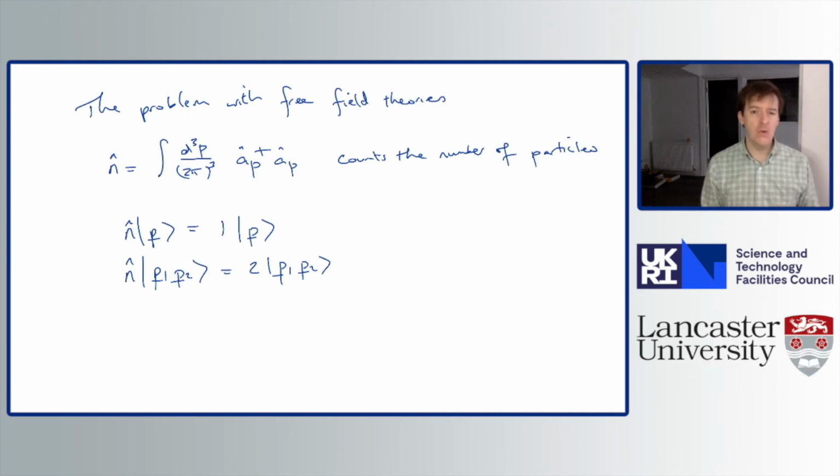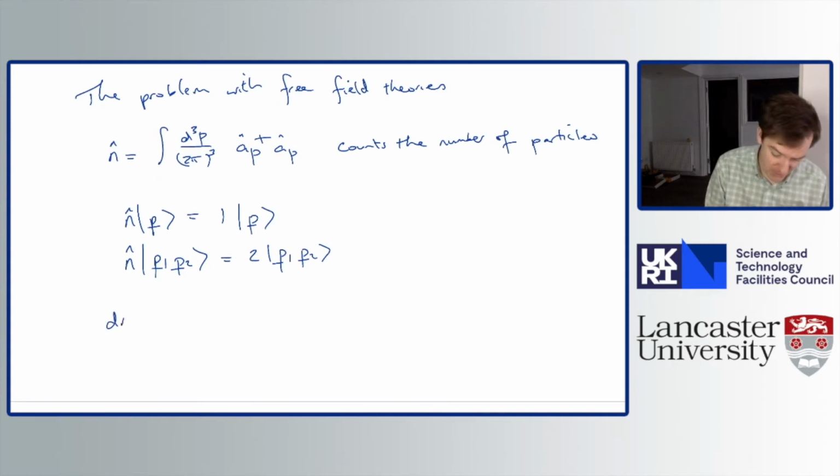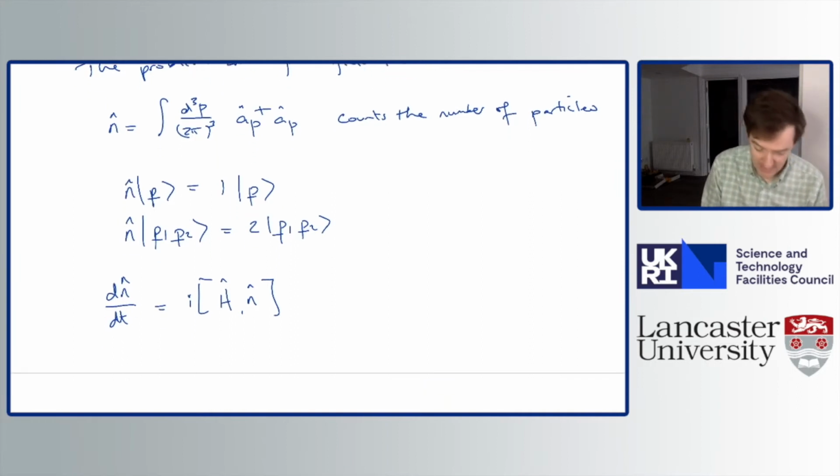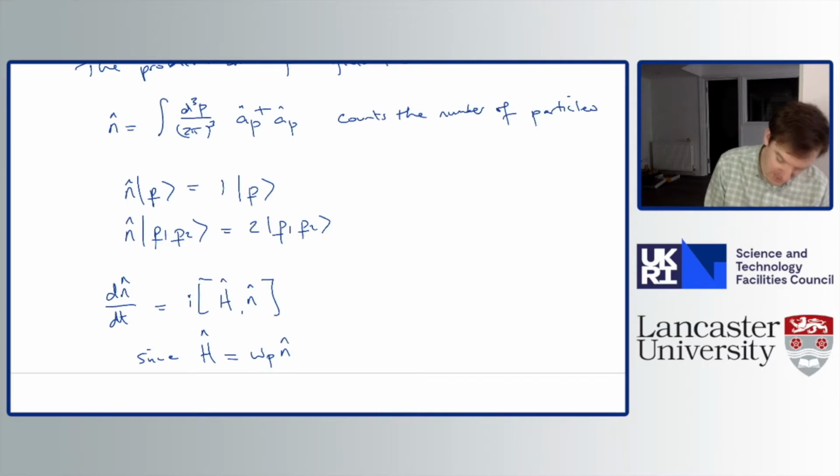Okay, so we can see how this number operator evolves with time by using the Heisenberg equation of motion. So if we use the Heisenberg equation of motion on this operator, which is i times the commutator of this operator with the Hamiltonian, we find that this Hamiltonian operator can actually be expressed as ω_p times the number operator.